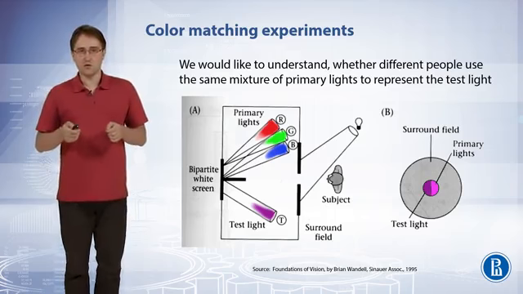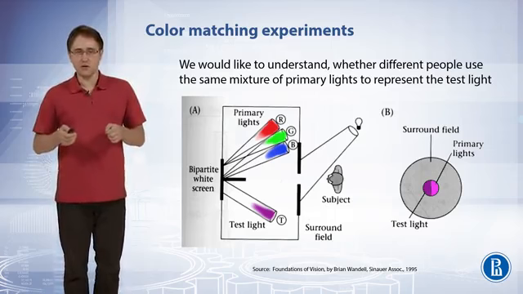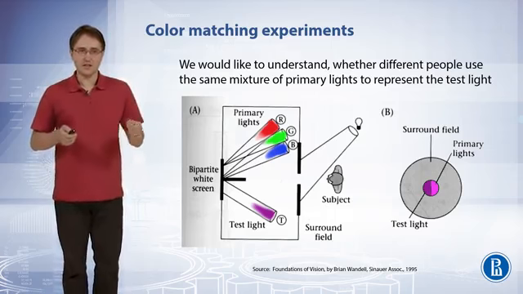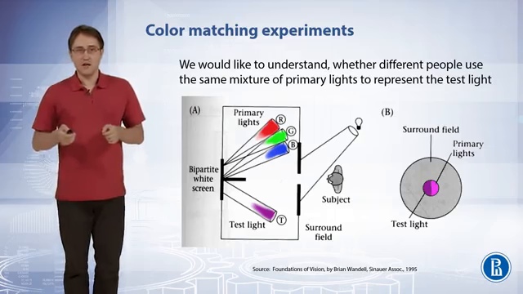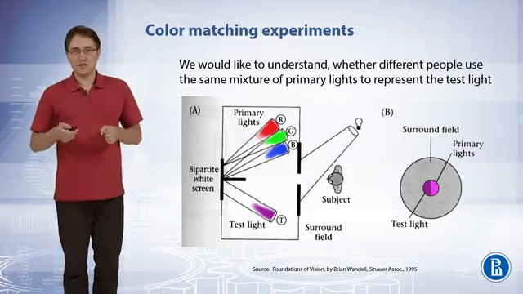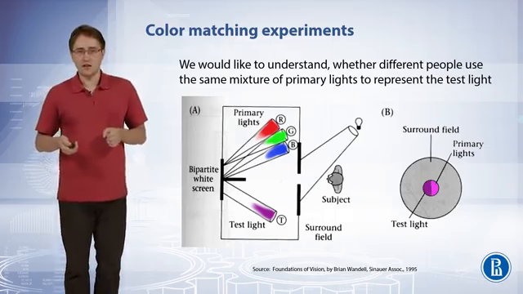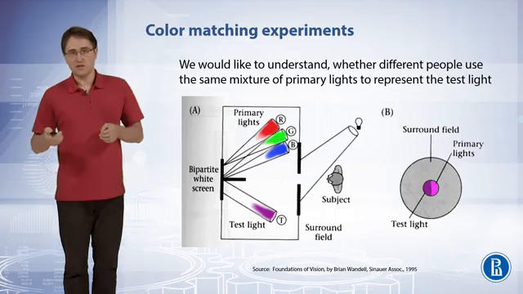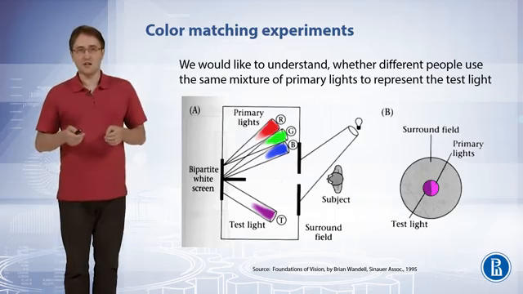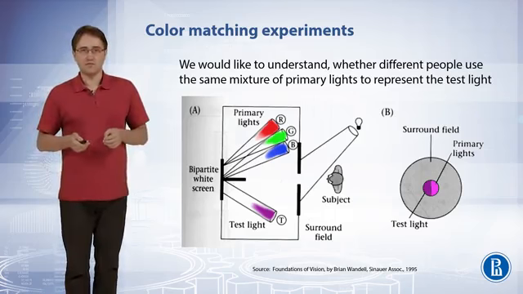The goal of the observer is, by changing relative powers, to match the color of the test light to the color of the combination of primary lights. We can do the same experiments again and again with different observers, compare the powers that are used by different subjects to match the same test light, and then average the results.